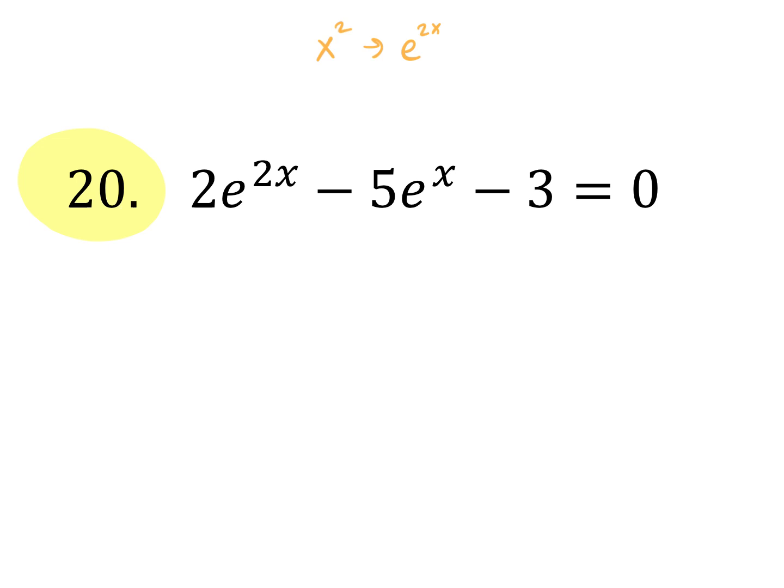So we're going to treat this as if it were a quadratic equation. We're going to factor it. So this is like saying 2 times x squared minus 5 times x minus 3 equals 0. So anytime you have e to the power of 2x and e to the power of x, we can't combine these together. They're not like terms. So we have to factor.